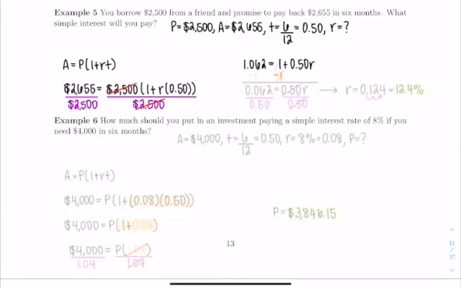We're solving for R, so I am going to subtract 1 from both sides. And so on the right, it's going to end up canceling. And we end up with 0.062 equals 0.50 R. And then the last step is to divide both sides by 0.5.